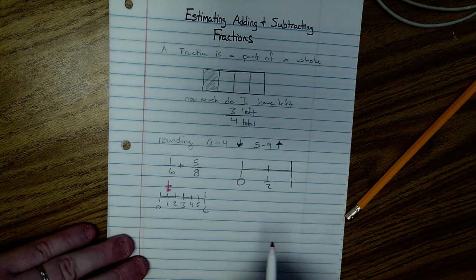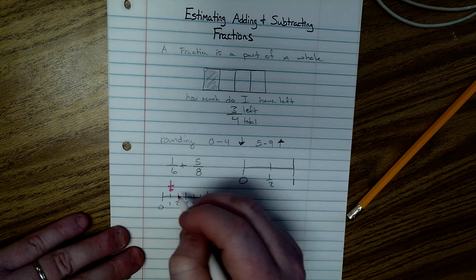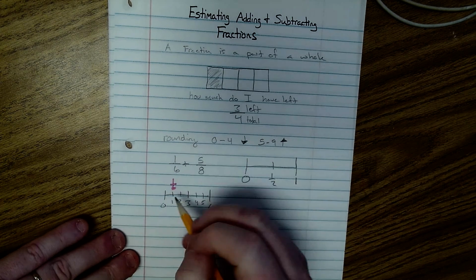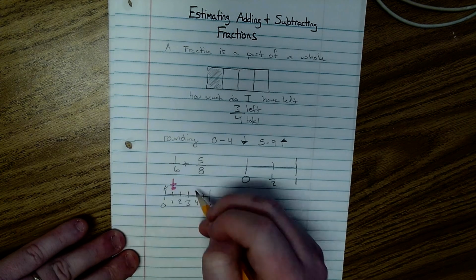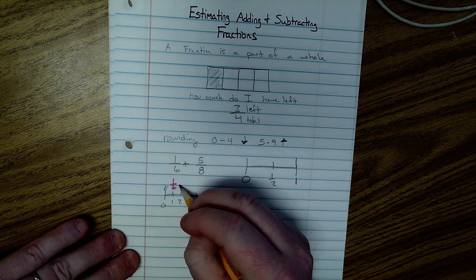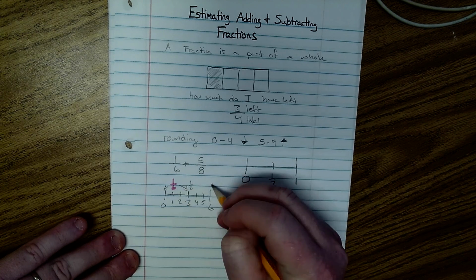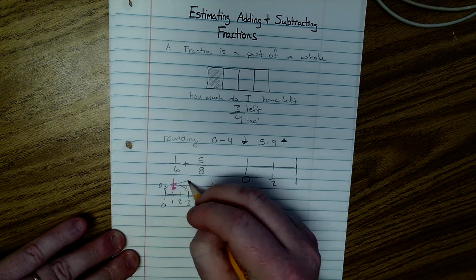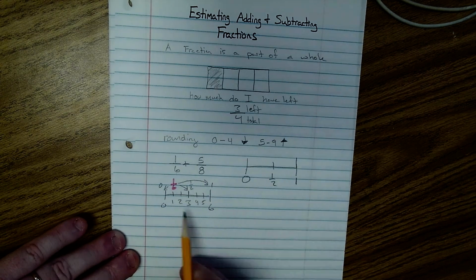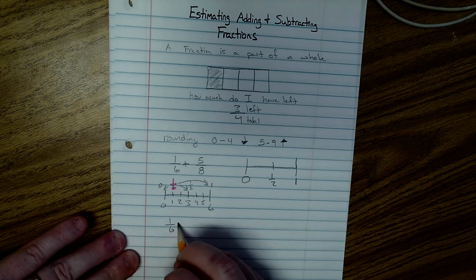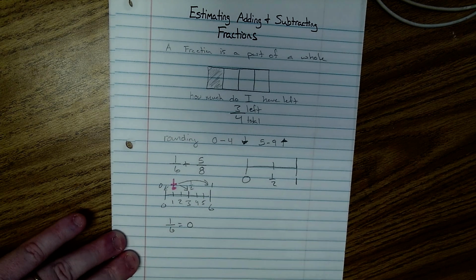So then I'm asking myself the following things. Is 1/6 closer to 0? Is it closer to 1/2? Or is it closer to 1? Well, I think it's obvious to everyone it's closer to 0. So 1/6 would change to 0 when I'm estimating.